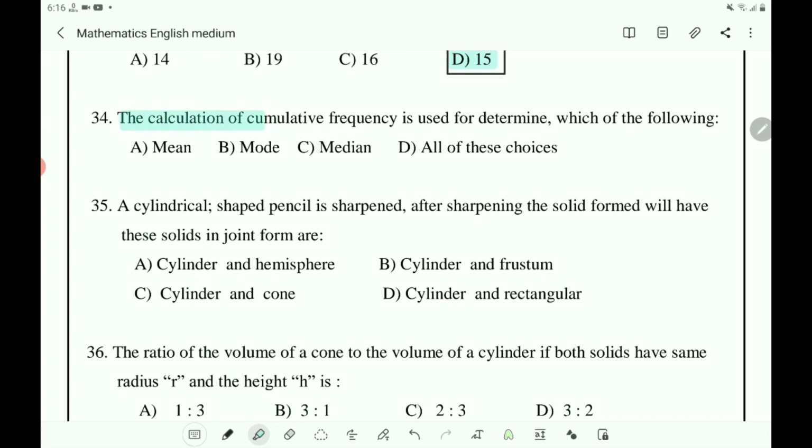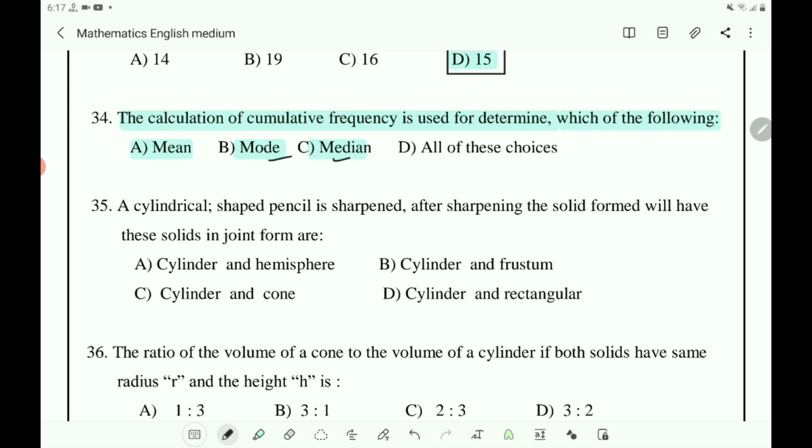The calculation of cumulative frequency is used for determine which of the following. Here cumulative frequency CF can be used to find mode, and this also can be used to find median, but indirectly by using the mode and mean.